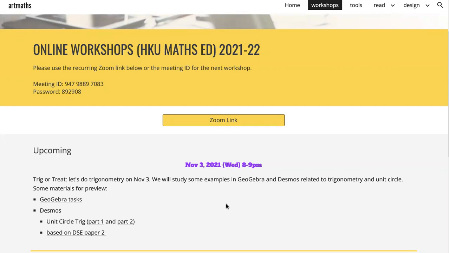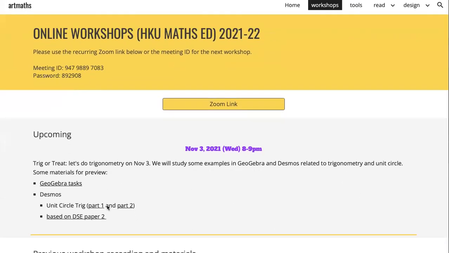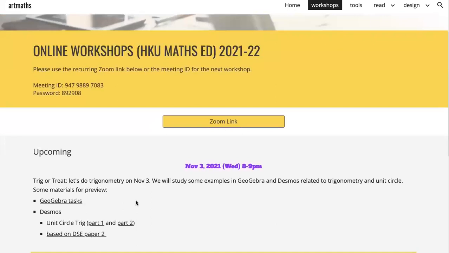I will use both today, depending on how much time we have. The main point here is that we will use two sets of tools, and look at the specific ideas in trigonometry.